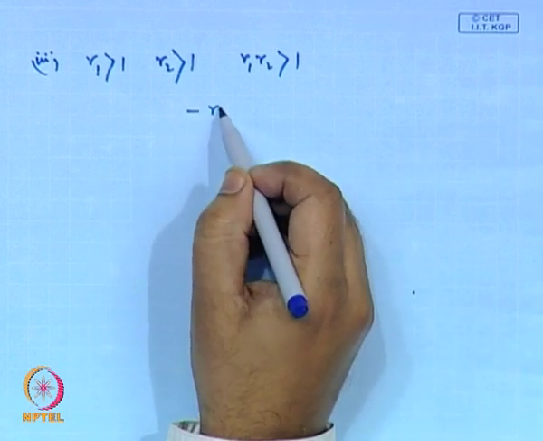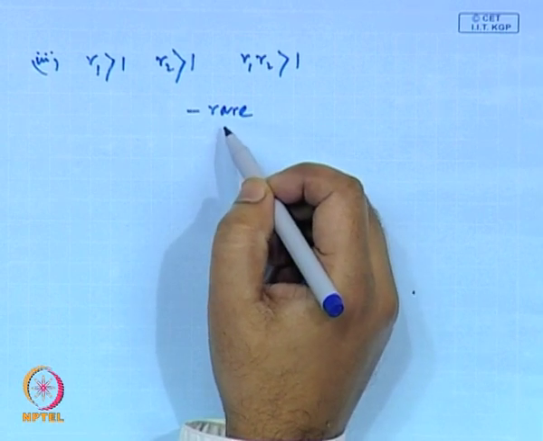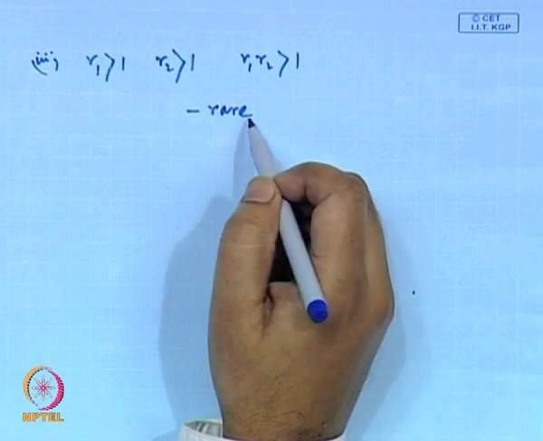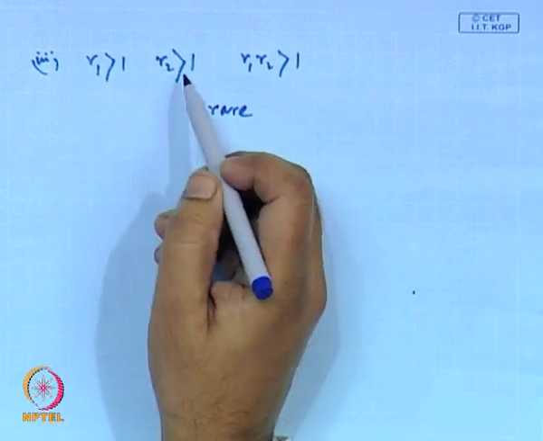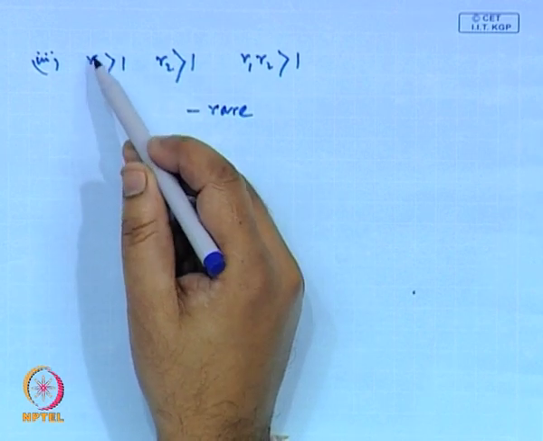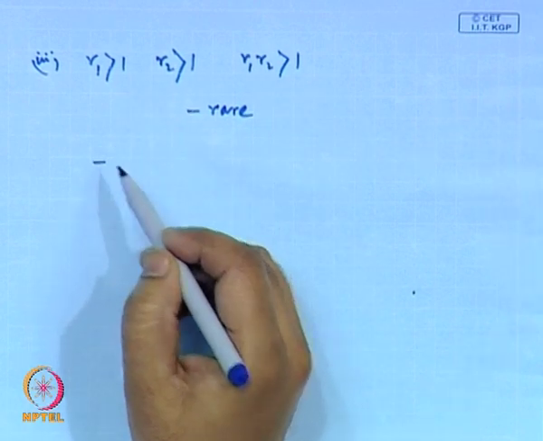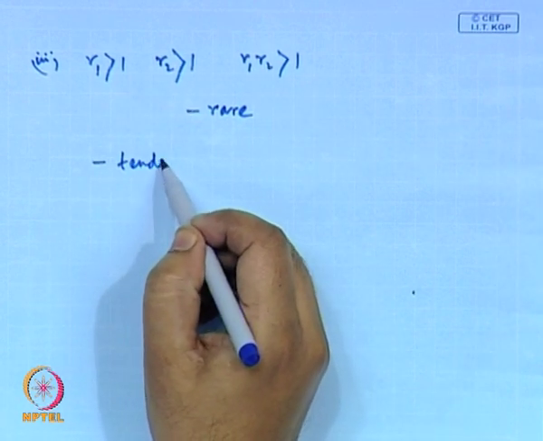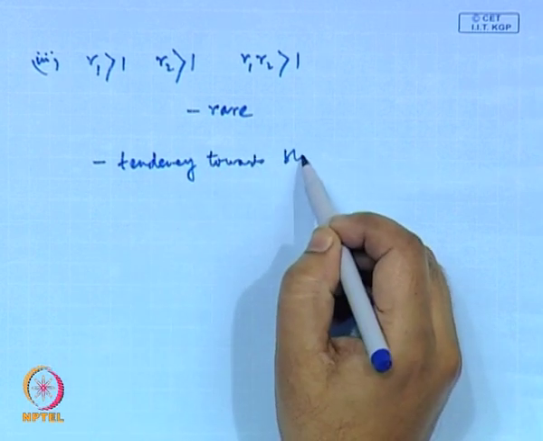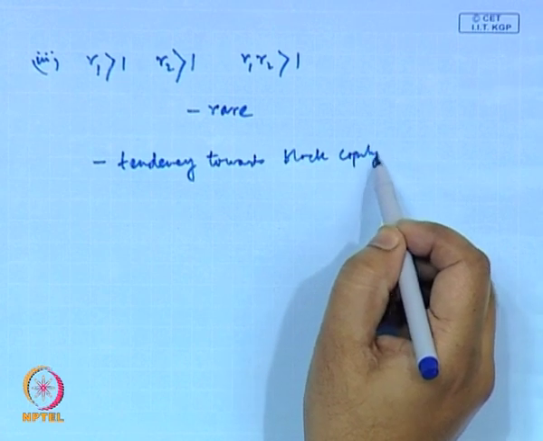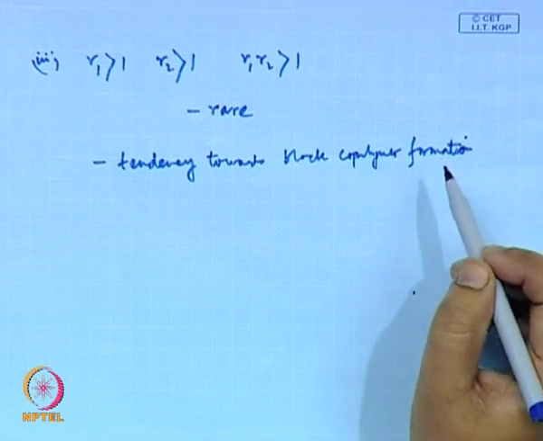Now, this is very rare, not a very usual thing observed for a monomer pair, but if that is the case, then both monomers have a greater tendency to homopolymerize compared to copolymerize. So, this would have a tendency towards block copolymer formation.